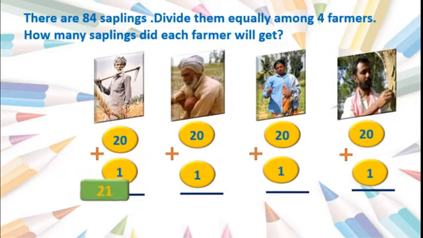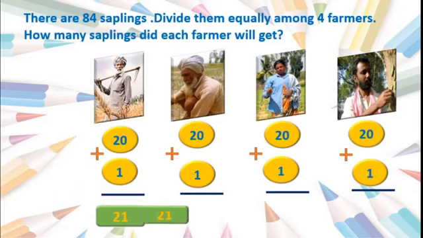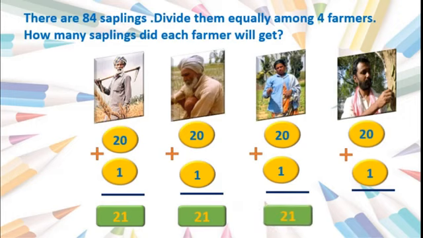The first one said, I got 21. Second also said, I got 21 saplings. Third one also said that I also got 21 saplings. And fourth, he also got 21 saplings. Got this, students? This is the quick method compared to the first one, isn't it?